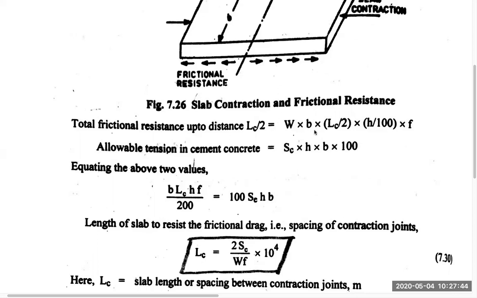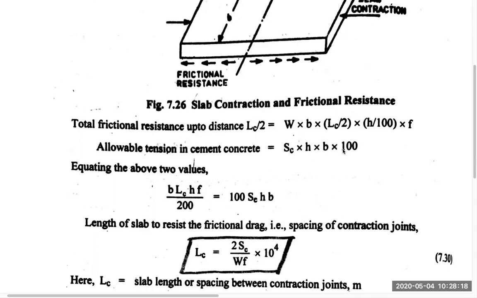The same thing has been given here: self weight, width of the slab, length of the slab, and thickness of the slab. 100, I have told you, divided by 100 because they have converted centimeter into meter, multiplied by the frictional resistance developed, and this whole thing has been equated with the allowable tension in cement concrete. So allowable tension in cement concrete is given by SC into H into B into 100.